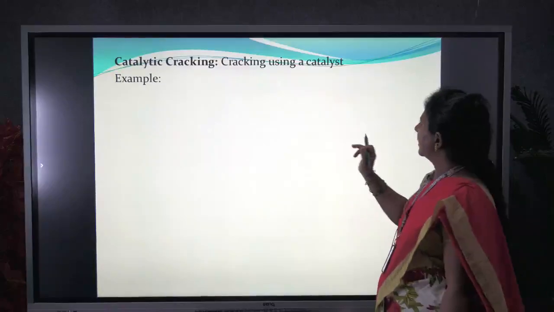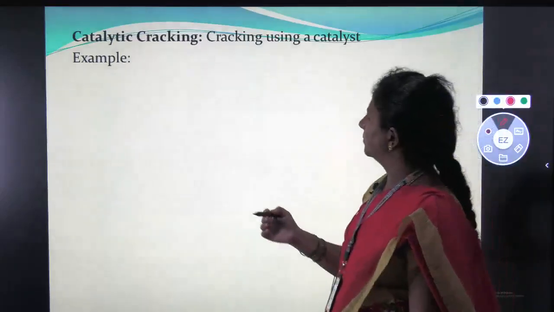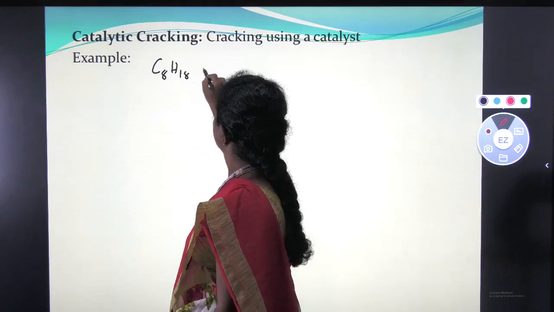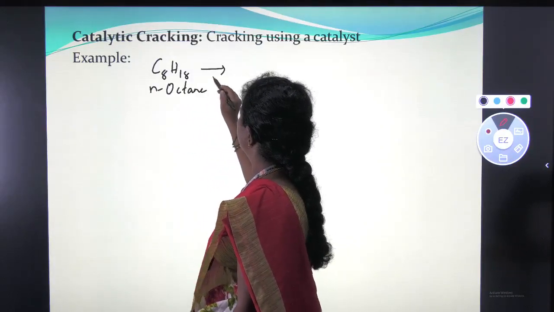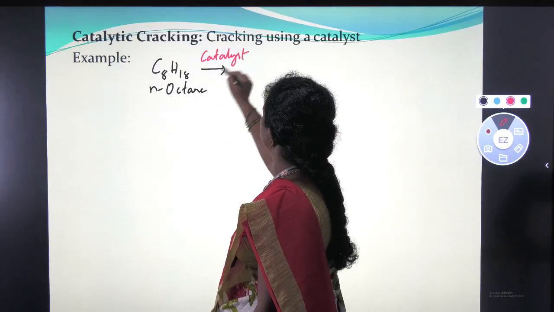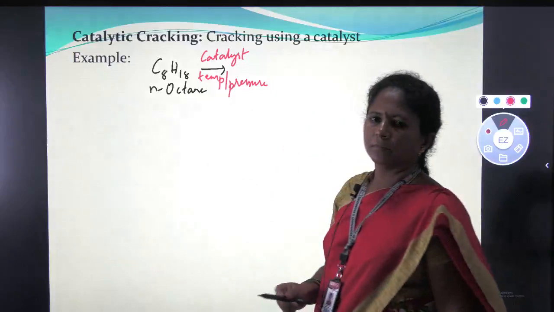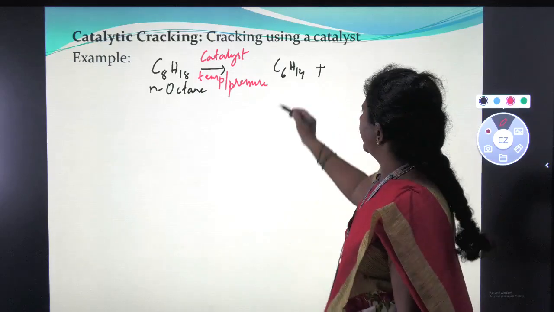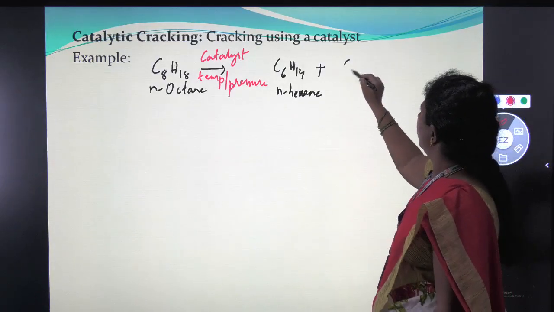So, catalytic cracking means cracking takes place using a catalyst. For example, N-octane, in the presence of a catalyst, temperature and pressure, will give rise to N-hexane and olefin.